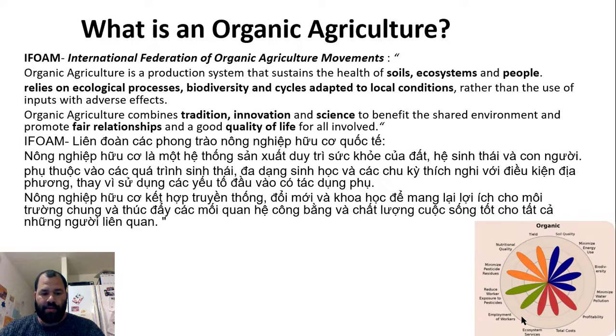It relies on ecological processes, biodiversity, and cycles adapted to local conditions, rather than the use of inputs with adverse effects. Organic agriculture combines tradition, innovation, and science to benefit the shared environment and promote fair relationships and a good quality of life for all involved.